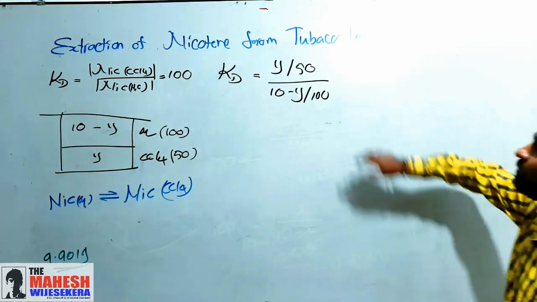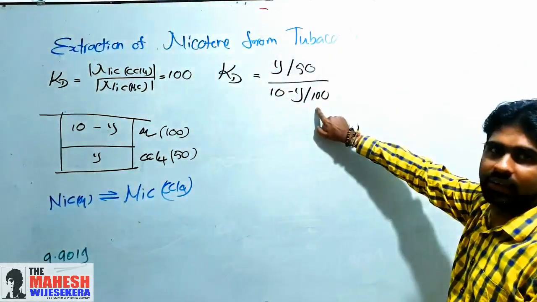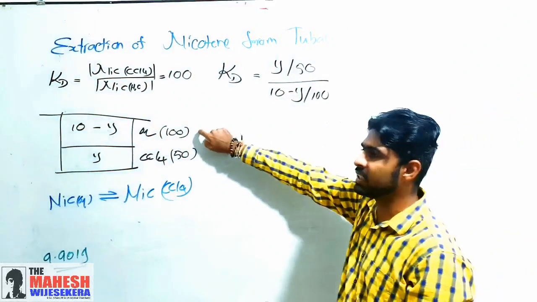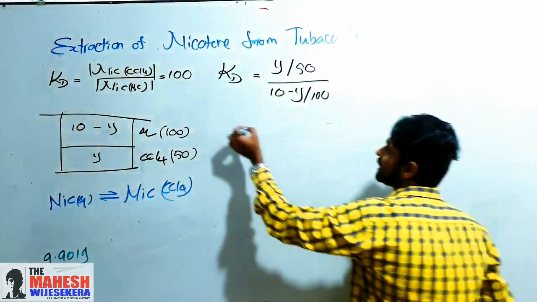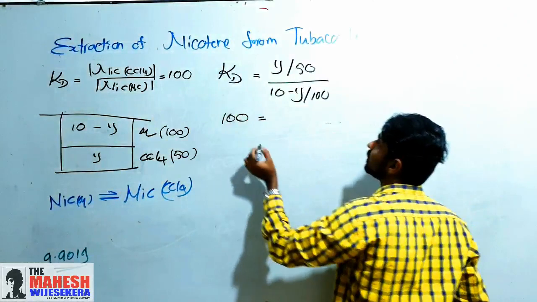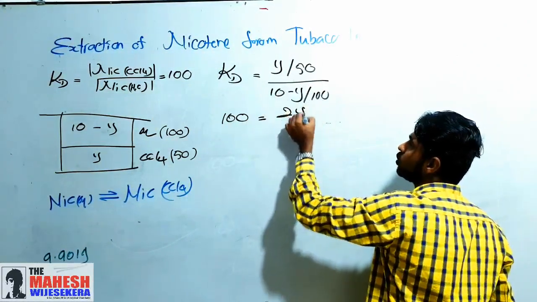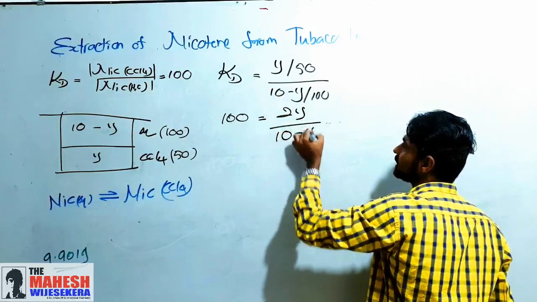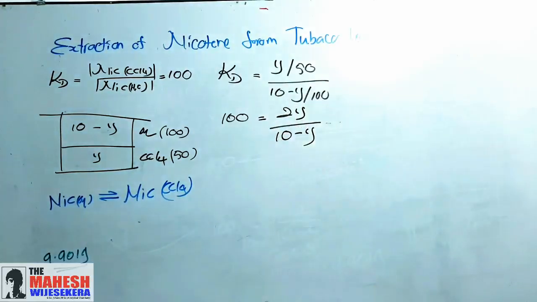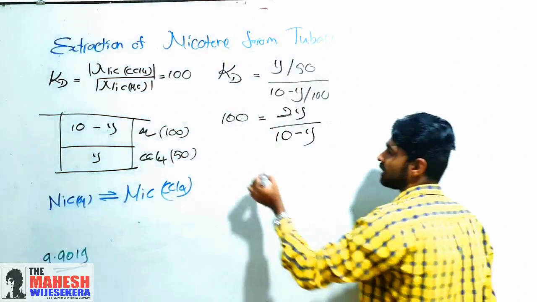What is this 50? Volume. The aqueous layer volume is 100. So the 50 and 100 cancel out, giving 2. That is just 2Y over 10 minus Y. So what is Y?